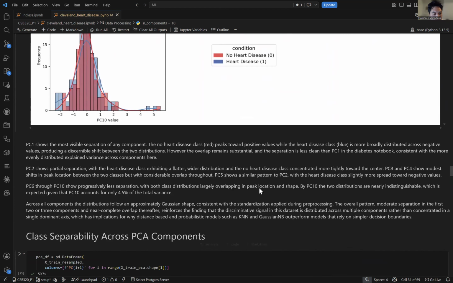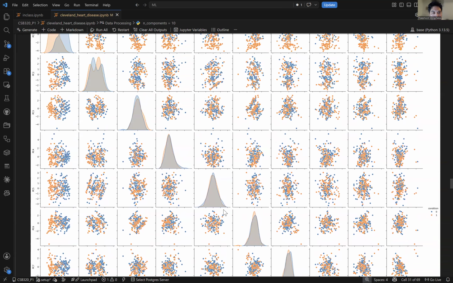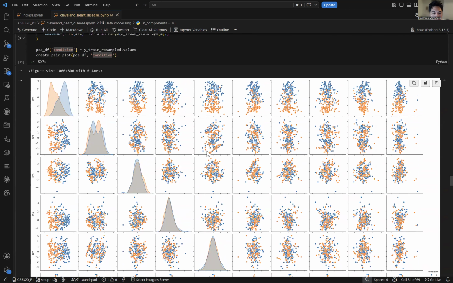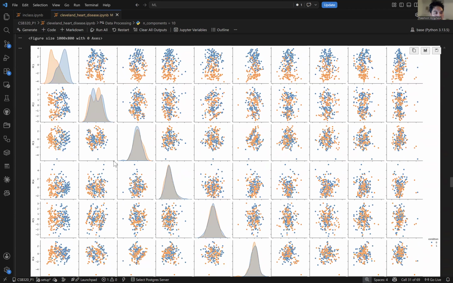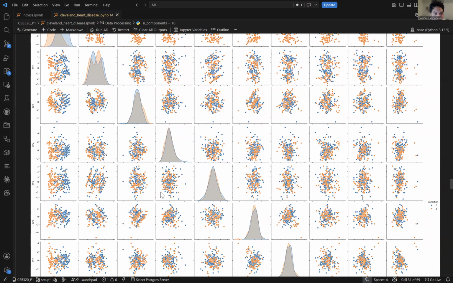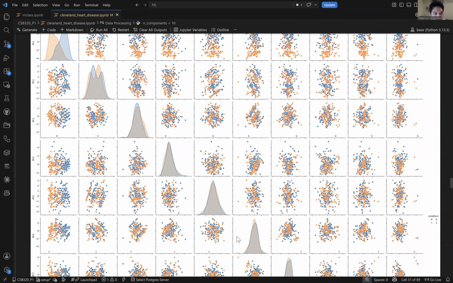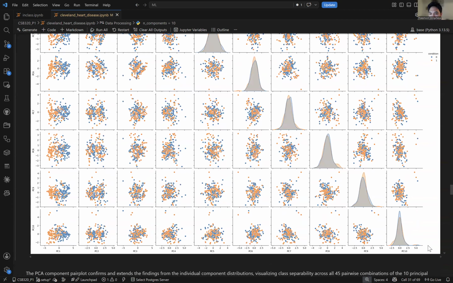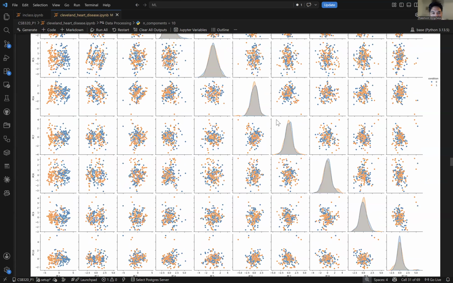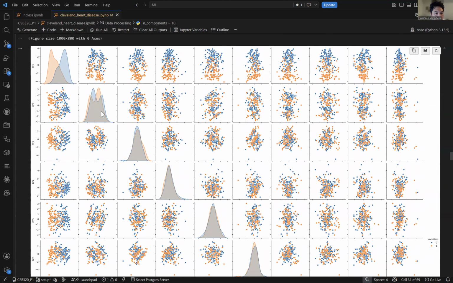But overall, here are my pair plots, all my components. Getting a closer look here, there's still a lot of overlapping when you just look at the diagonal plots. So we have a nice distribution. Again, nice separability, more so for PC1.